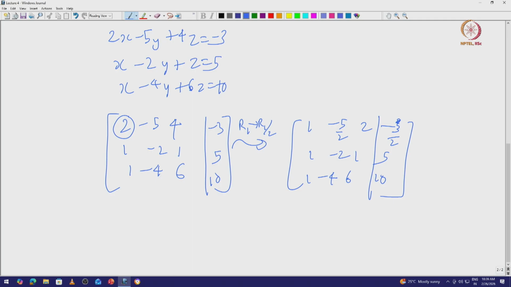The next order of business is to make sure that these two become 0. So if the second row goes to the second row minus the first row, what will you get?